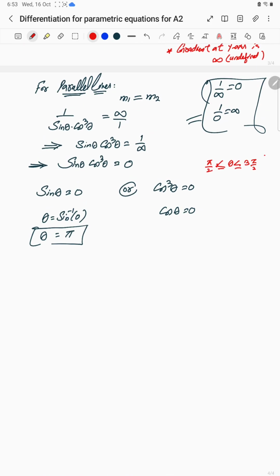So it must lie in between. We will ignore the 0. Sine inverse 0 is pi, not 0, as it is above pi by 2.